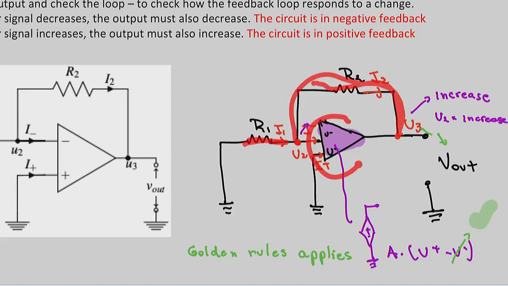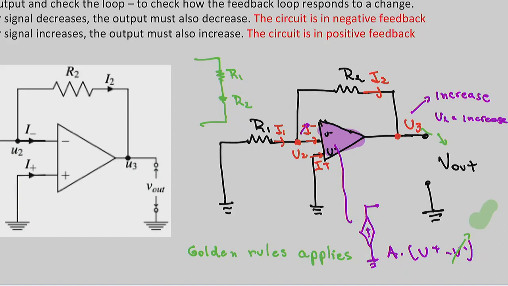If you ignore this amplifier because it's new to you, it might be scary, just ignore that. Do you know what happens when you have just a circuit like this, where you have R1 and R2? That's the voltage divider, right?